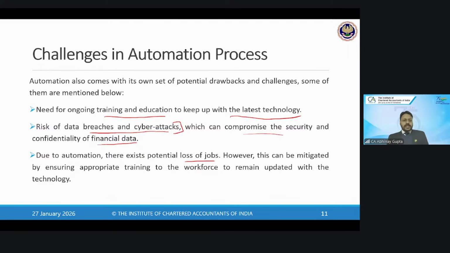So we need to educate ourselves, upskill ourselves, so that we can leverage the latest technology or the AI or whatever new technology, softwares or ERPs are coming in, and learn them before they are implemented or adopted by the companies, so that we continue to stay relevant in the market, right? So it's always on us how relevant and how upskilled we are on a continuous basis. Otherwise we will be outdated.